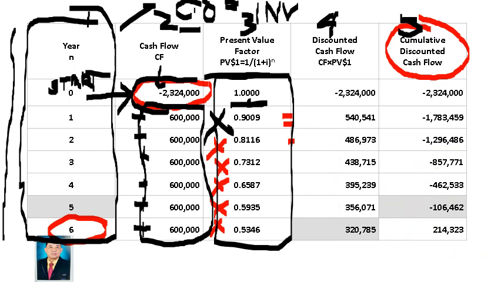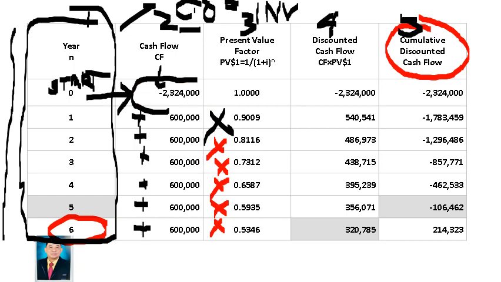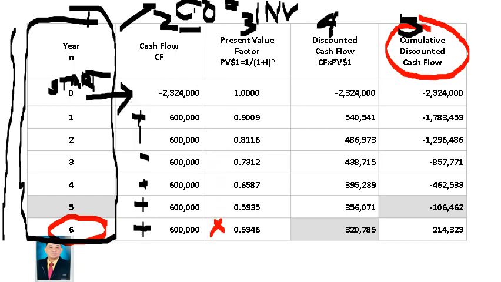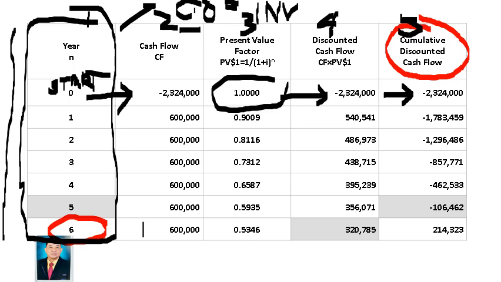Again, I will repeat for the sake of knowledge. This one is negative because it is a cash outflow. This one is the start, that's why it is 1.0000 with 4 decimal places.